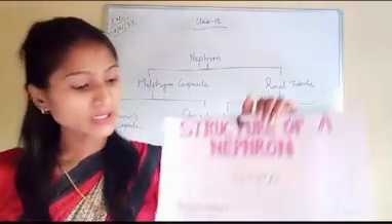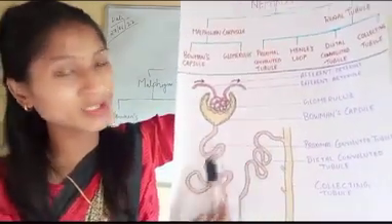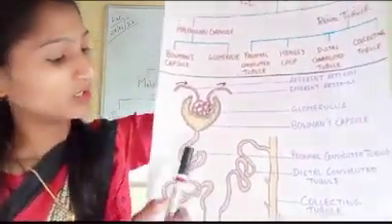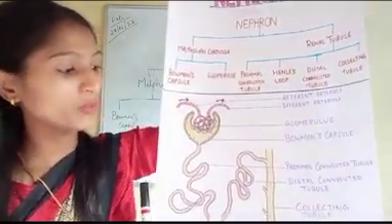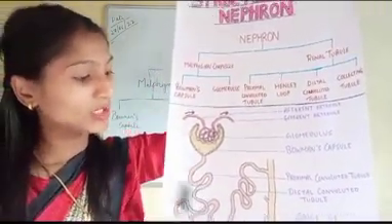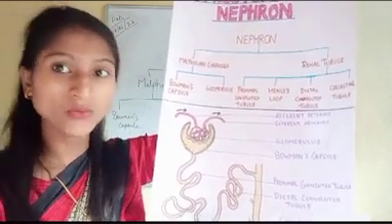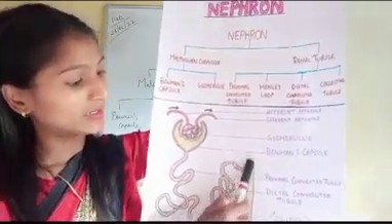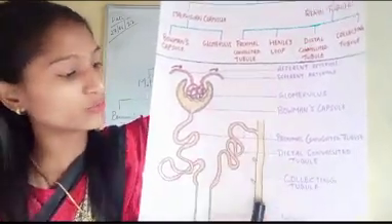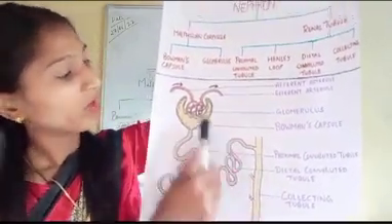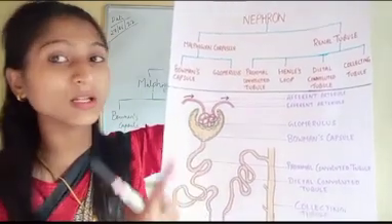So, these substances are reabsorbed in these tubules. In the tubules, the useful substances are reabsorbed, and then the waste products which are to be removed from the body get collected in this collecting tubule, this yellowish part.